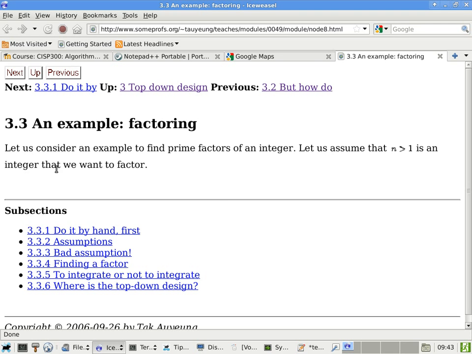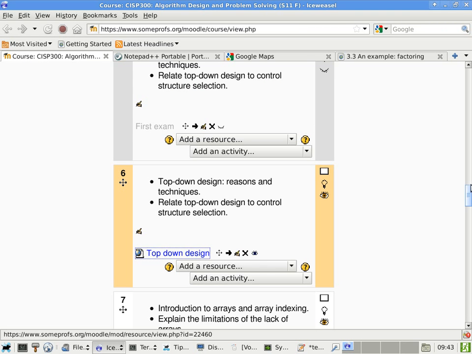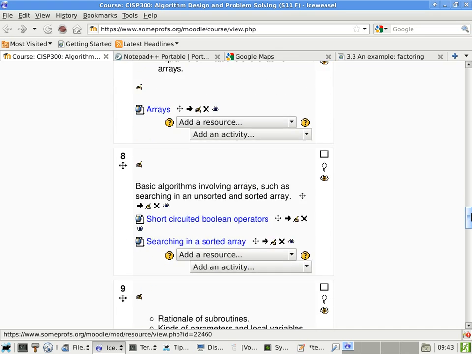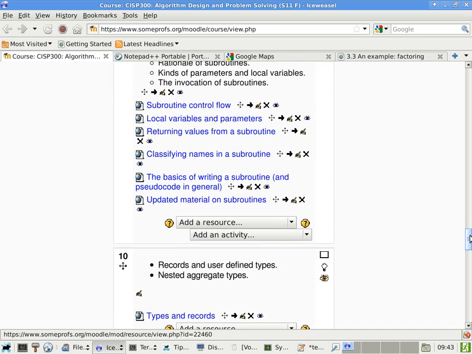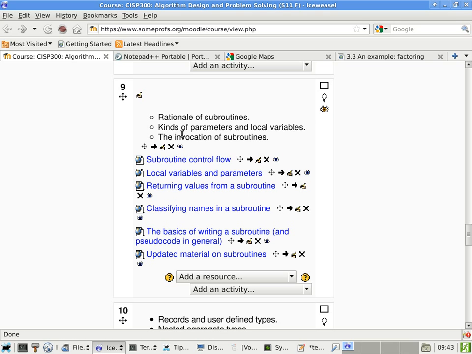Yep. I know I should not be doing this, but let me just point you to what would be helpful in your case. Because what you're talking about are subroutines. It's a topic that we will talk about later, but at this point we just want to focus on the concept of breaking a big problem into big pieces first. And then we look at each piece and ask, is this piece still too big?